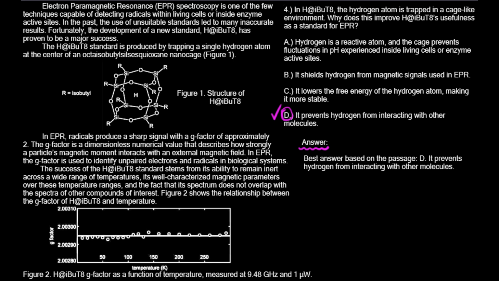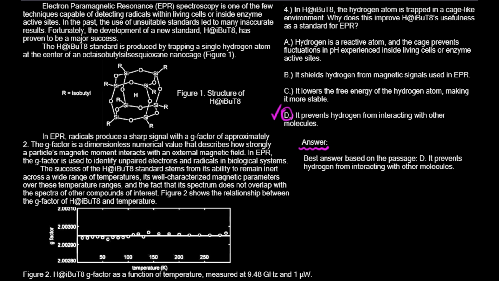The passage specifically states that the standard's success comes from its ability to remain inert across a wide range of temperatures, its well characterized magnetic parameters, and the fact that its spectrum does not overlap with other compounds. Since the hydrogen atom is highly reactive on its own, since it only has one electron, the cage prevents it from interacting with other atoms, which ensures a clean EPR signal.